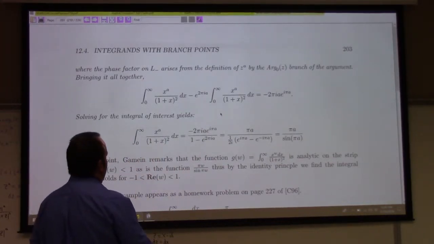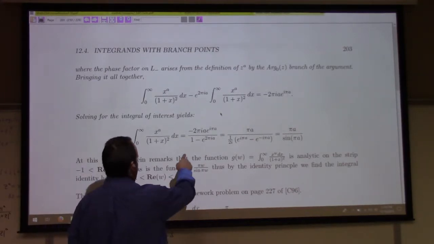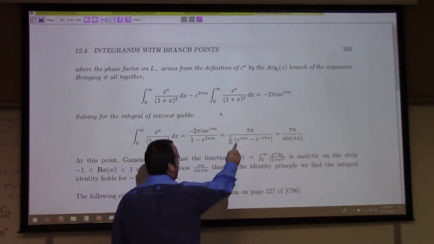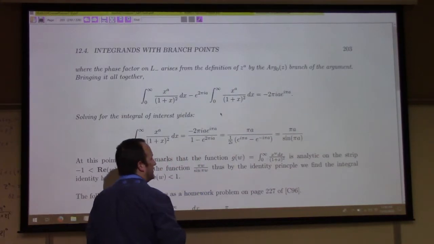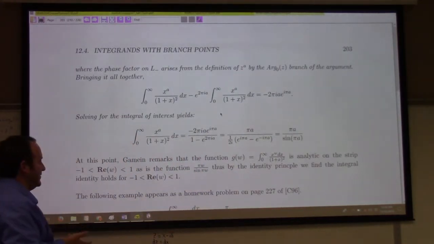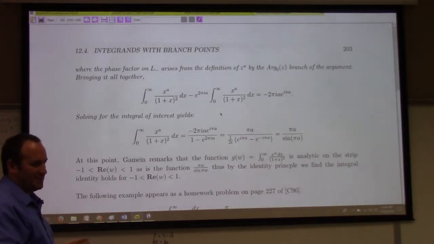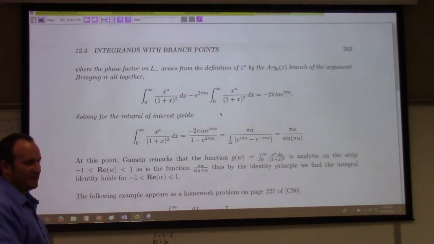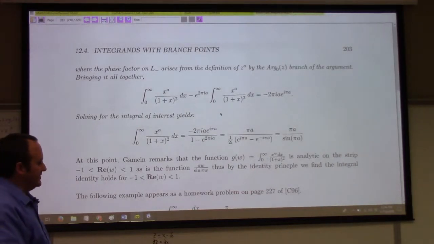And then when we divide by the 1 minus 2 pi i a, if you divide the top and the bottom by that, you get this, which is pi over sine of pi a. Of course, since a is real and we're integrating from 0 to infinity, we would hope that this definite but improper integral of a real quantity would be real. And as you can see, the answer is manifestly real there.